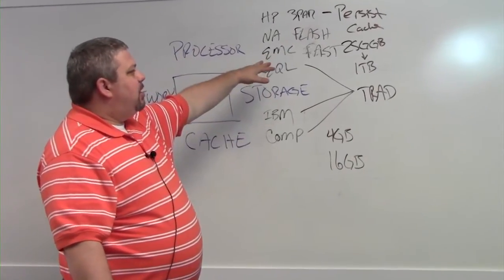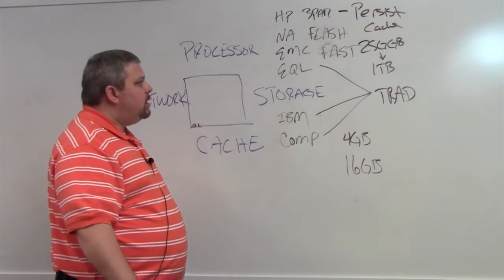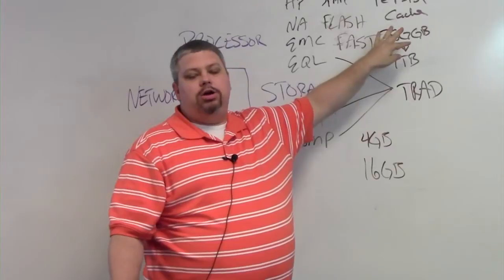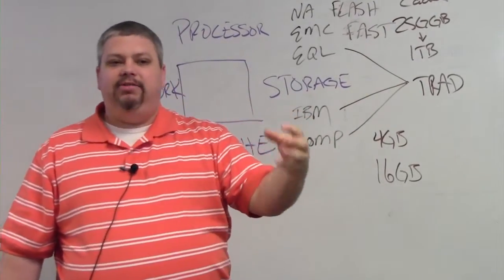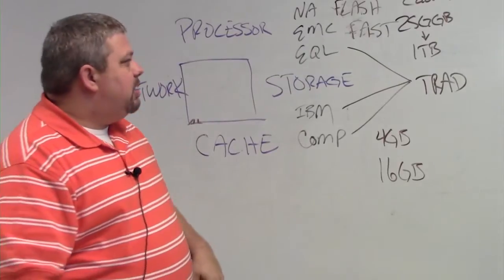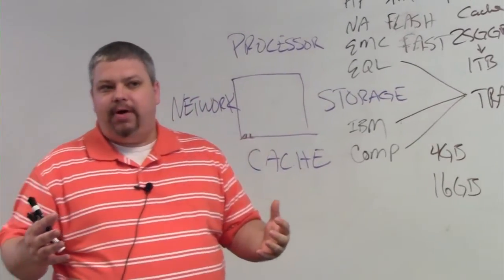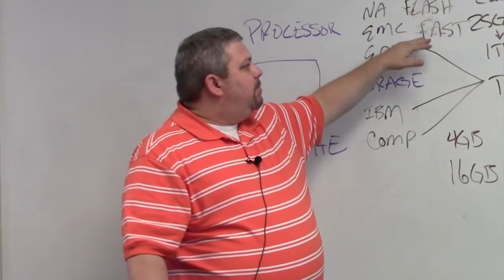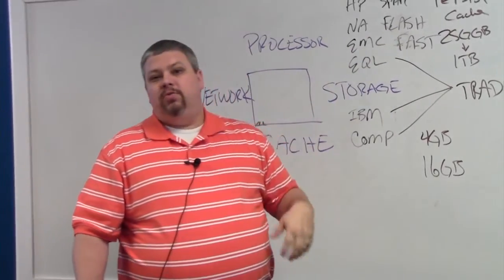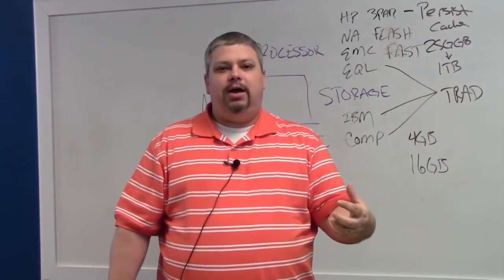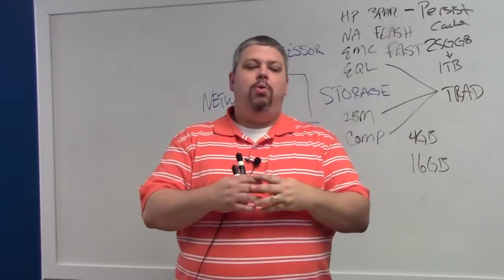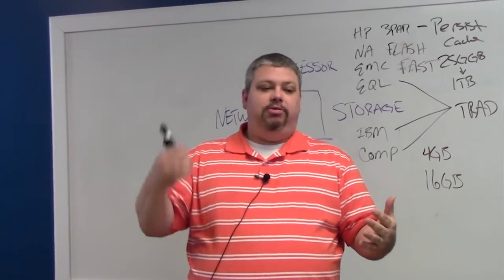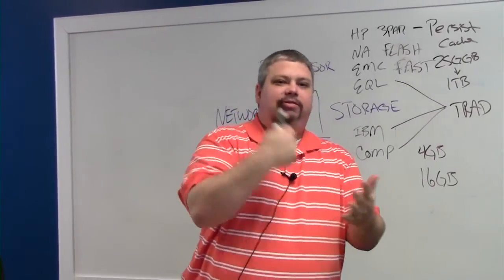And EMC scales up just about as high. And the difference between these guys, because their cache is so much bigger, you can operate a lot of things out of that cache. So for example, if you have a large virtual desktop environment where you have, say, 5 or 10 common images, something like FAST Suite or Flash Cache can really help mitigate against I/O storms like a boot storm, where you come in Monday morning and everybody at 8 o'clock powers on their virtual desktop and your storage system is just getting slammed and slammed and slammed.